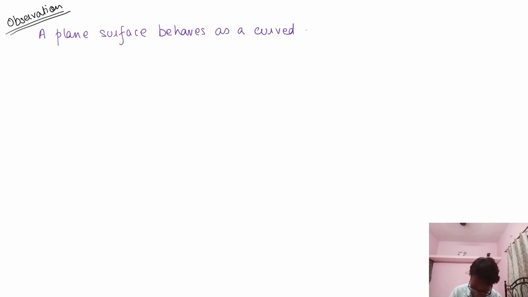A plane surface behaves as a curved surface when the radius of curvature is equal to infinity.